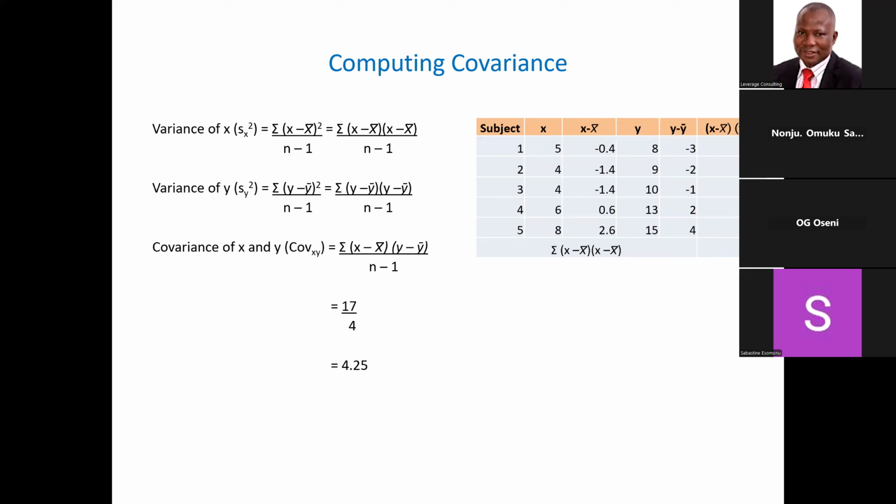Now the one for Y, the number of packets, the variance is sigma of Y minus Y bar squared. You can break it into Y minus Y bar times Y minus Y bar.